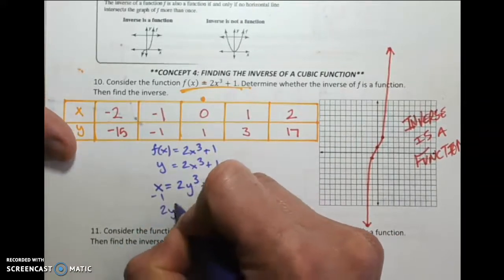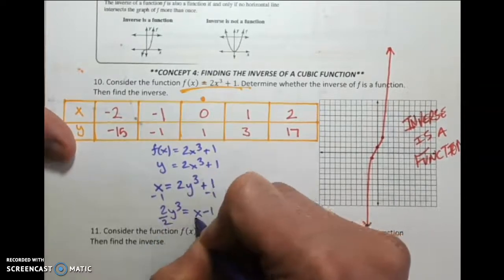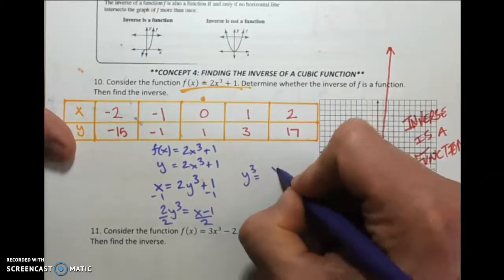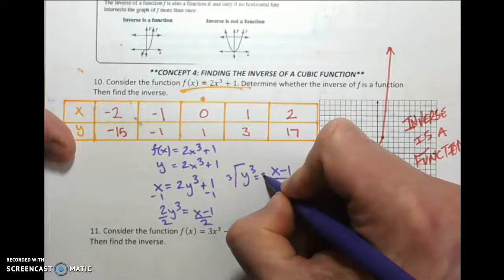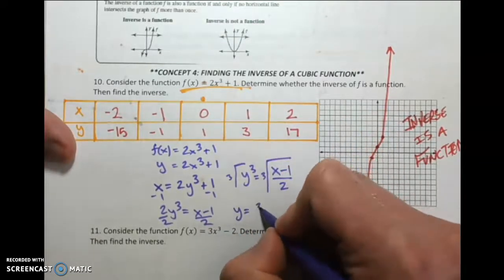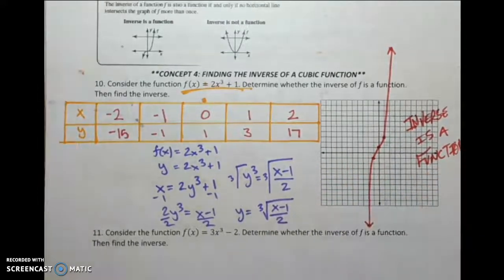I get 2y cubed equals x minus 1. I'm going to divide both sides by 2. I get y cubed equals (x minus 1) over 2. Then I'm going to take the cube root of both sides, and I get y equals the cube root of (x minus 1) over 2.